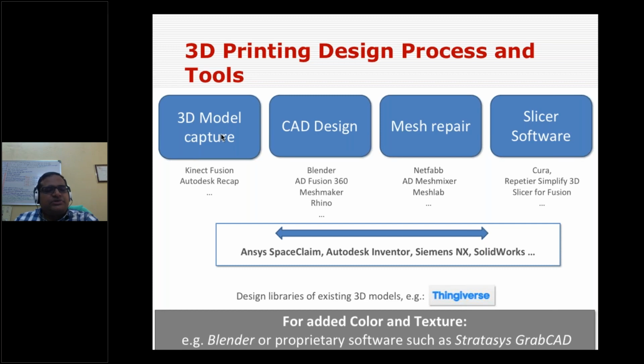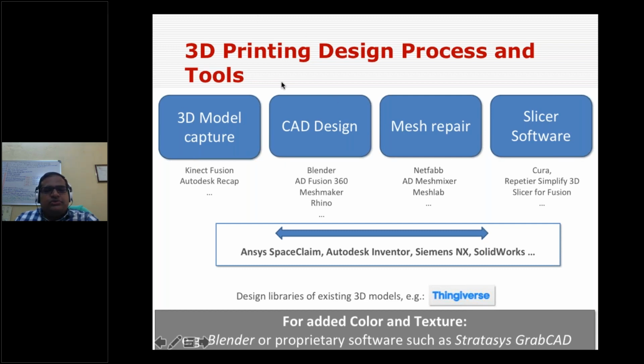You have already been exposed to STL and AMF, and we'll see the other two file formats also during this session. You have one more interface for getting the STL file, which is CAD design or CAD/CAM/CAE software, which the majority of people may be using.